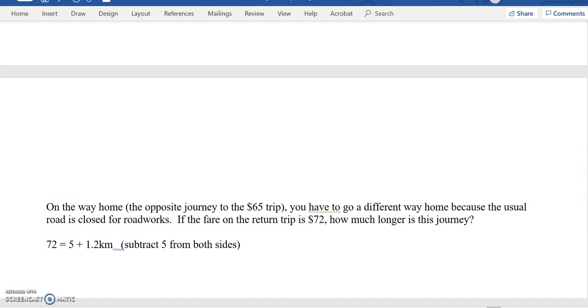So 72 minus 5 is 67, equals, 5 minus 5 is 0, 1.2 times the number of kilometres. To get rid of the 1.2 times, we're going to divide both sides. So we get 67 divided by 1.2 equals the number of kilometres.